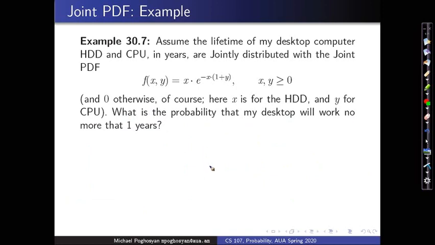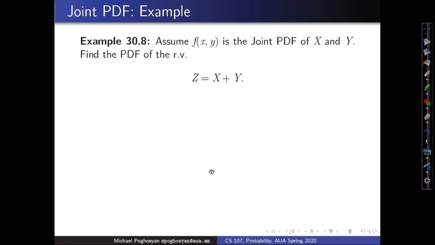Okay, moving forward. Assume f of x,y is the joint PDF of x and y, and we are asked to calculate the PDF of x plus y, so a general form. So let's solve this. I'm starting from the CDF of the random variable z at the point small z.